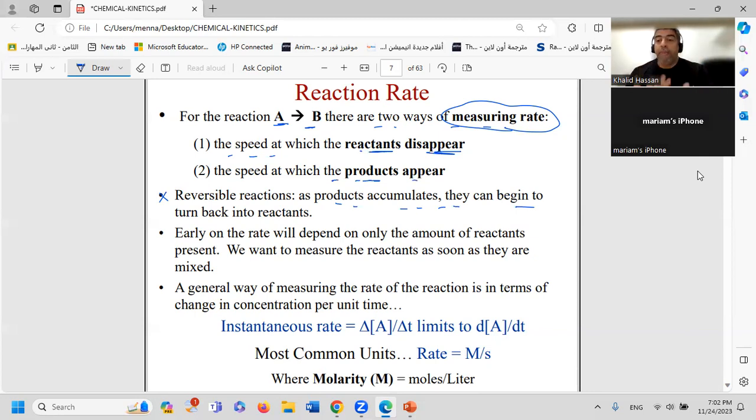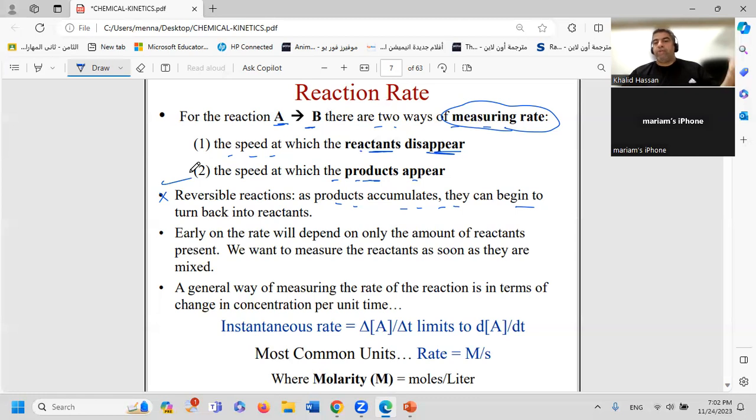But in some reactions, when you produce the product, at a sufficient time and concentration they will react again. I have A and B give C and D. So the concentration of C and D will increase until a limit where they can react with each other and go back. This is a reversible reaction.